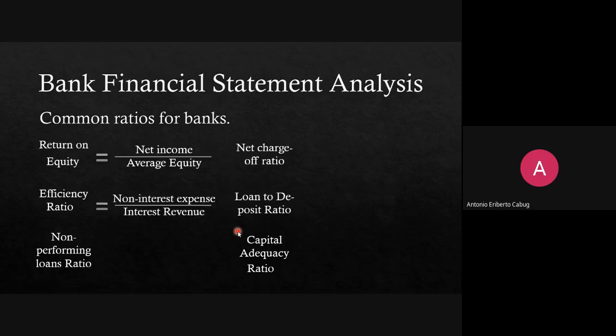Efficiency ratio: the formula is non-interest expense divided by interest revenue. Next, non-performing loans ratio: this is non-performing loans divided by total loans.